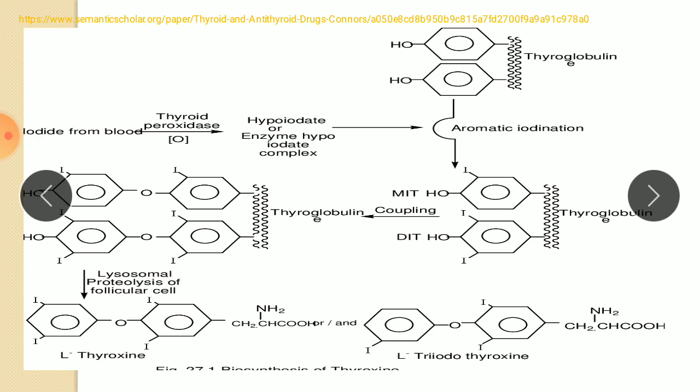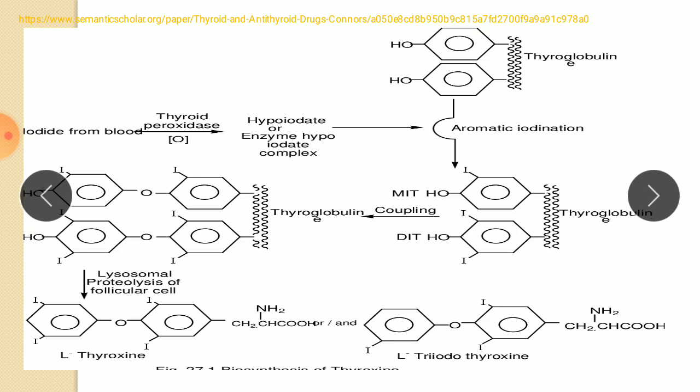This ratio means the concentration of iodide in the thyroid gland to the concentration of iodide in serum is normally 20:1. But in the disease hyperthyroidism, this ratio increases up to 100:1, meaning 100 concentration in the thyroid gland and 1 in serum.